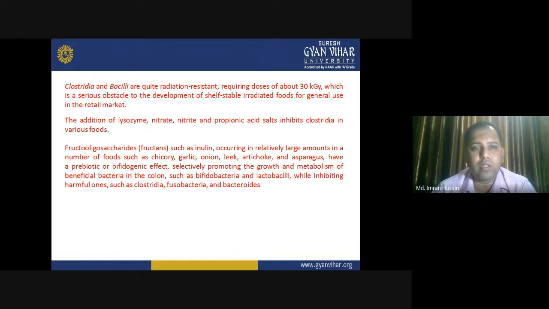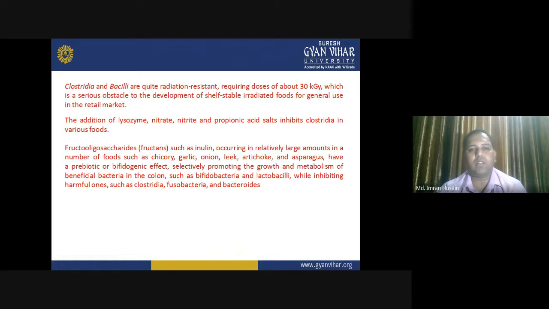So, Clostridia and bacilli are quite radiation resistant, requiring a dosage of about 30 kGy, which is a serious obstacle in the development of shelf-stable, irradiated foods for general use in the market.